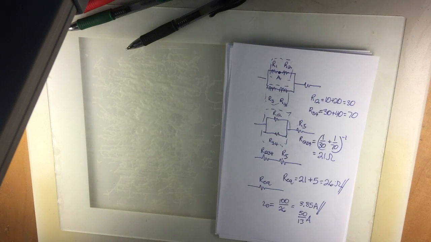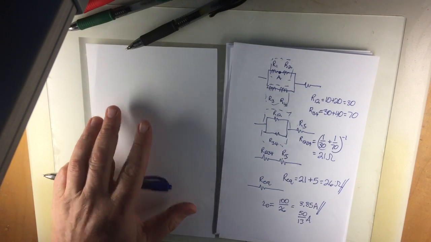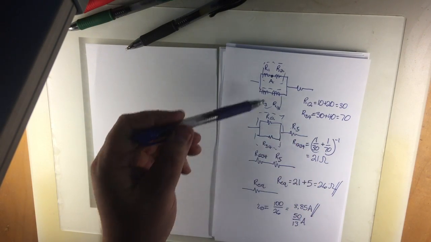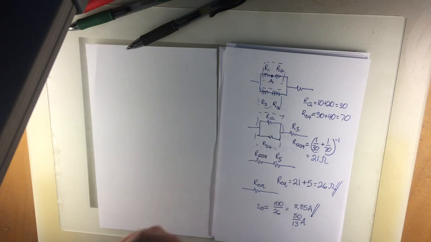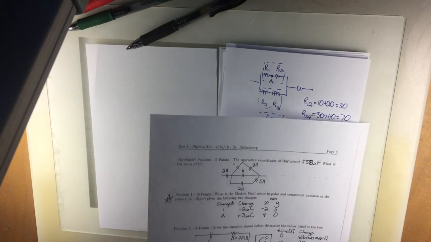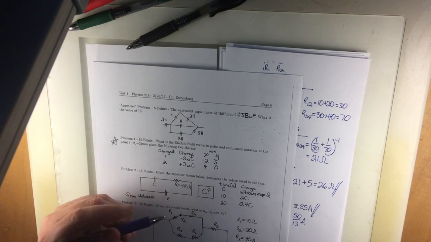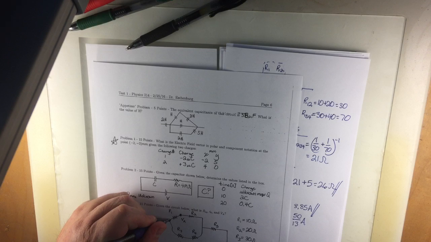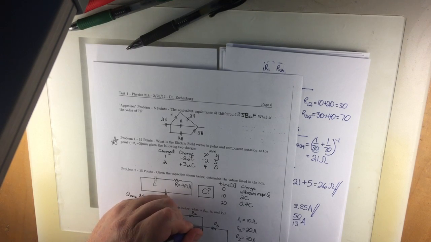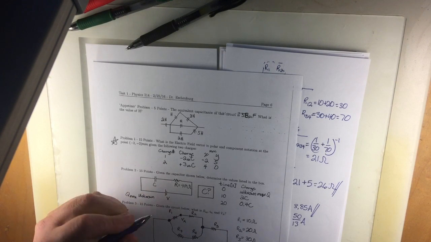Now, one of the advantages of drawing all this stuff out is you know all of the intermediate resistances. What we really need in order to get VA is that we have to find the potential difference between there and there first.